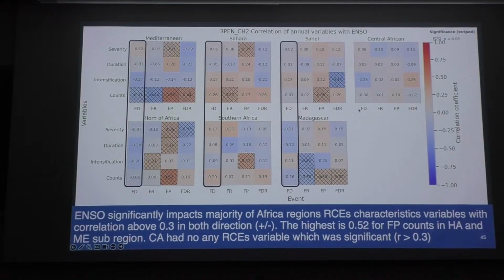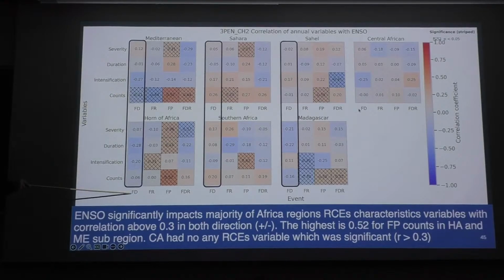So this is the first result, which shows how different characteristics of this event correlate with different events. Looking at all these stripes, it shows the significance of the correlation test, where the p-value is less than 0.05.